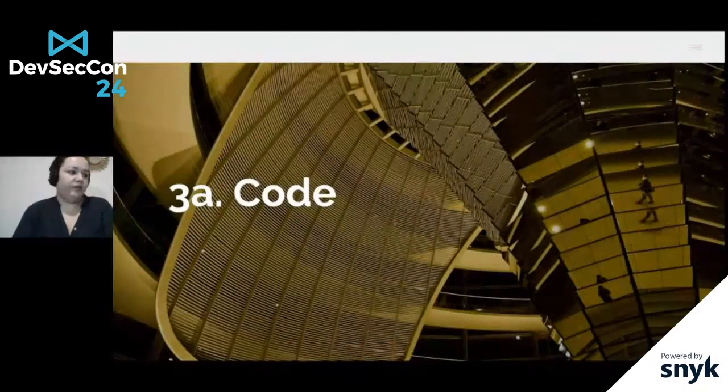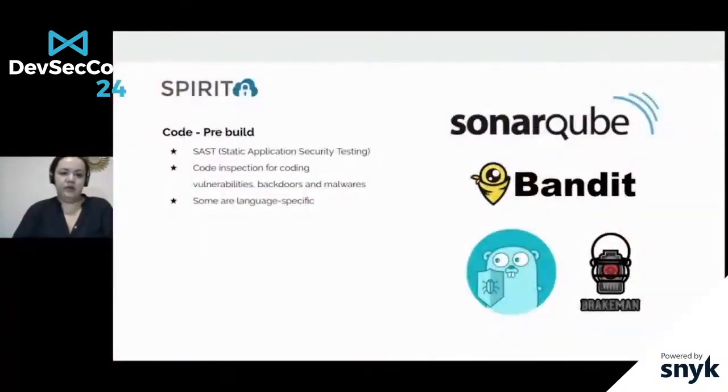Okay, let's start with code. A DevOps pipeline is generally divided into phases, and it's possible to start bringing more security into the pipeline methodology by automating security code scanners.